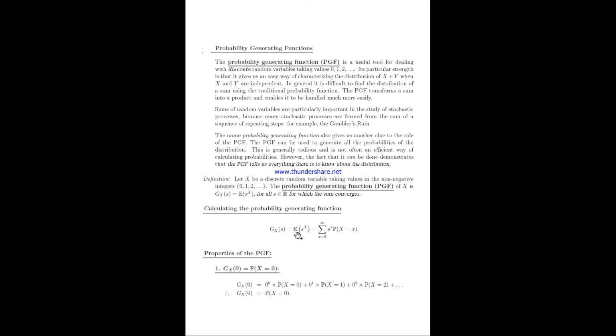This is equal to the expected value of s to the power X. When you take the expected value, you take the function value and multiply it by the respective probability of the x value.